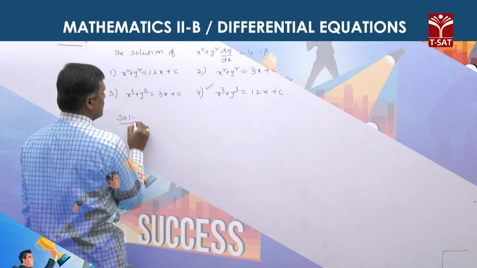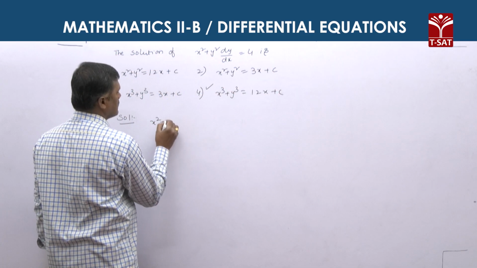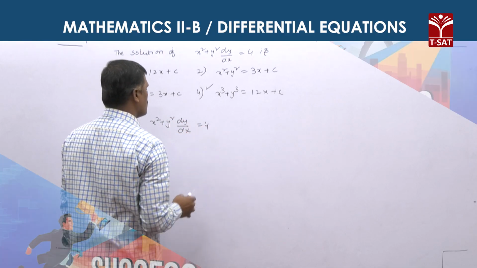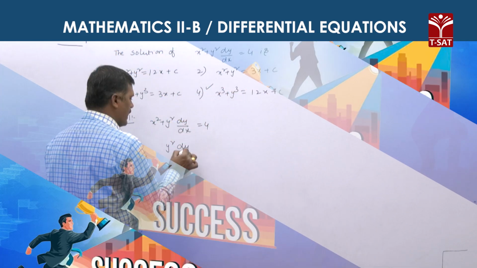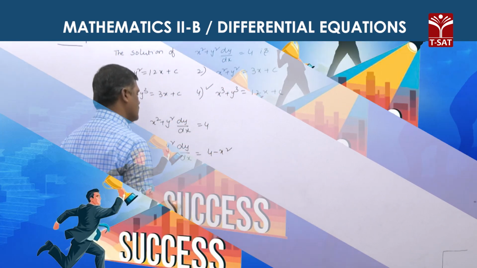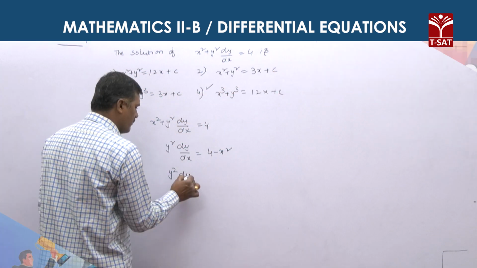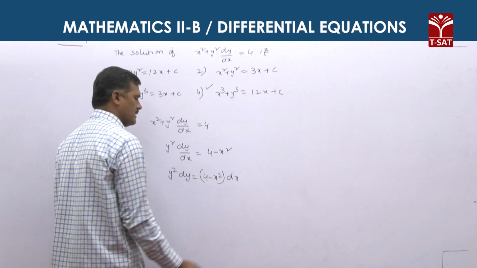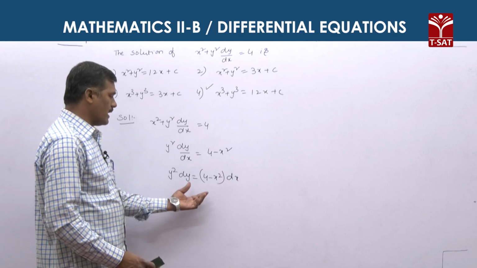Solution: x square plus y square into dy by dx is equal to 4. Y square into dy by dx is equal to 4 minus x square. Now y square into dy is equal to 4 minus x square into dx. Now variables are separate here.